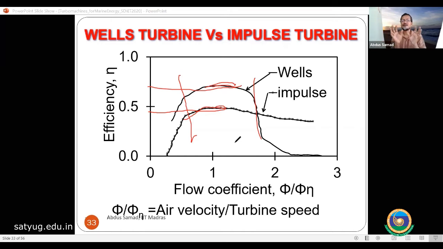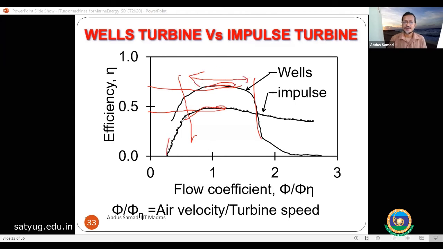That means our turbine will run only for a certain velocity range. If you have very low velocity, the turbine will not extract power from the wave. If it is very high velocity, the turbine will not be able to extract power because there will be flow separation. I'll explain flow separation later. So this operating range is very low for Wells turbine, and when operating range is low, it will give lower power.